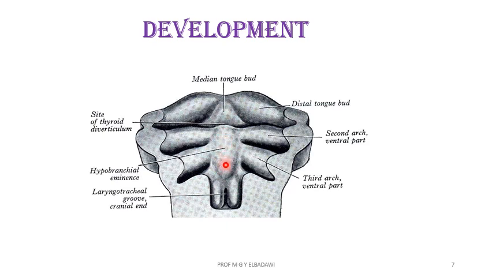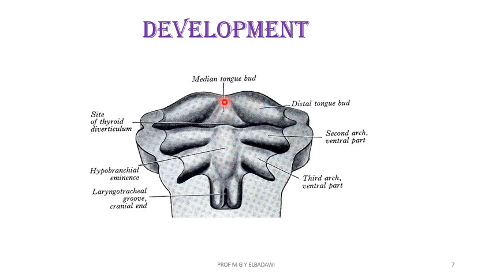Distally, there is what we call the hypobranchial eminence, which is formed from the second and third arches. It will be divided into two parts, a cranial part and a caudal part.